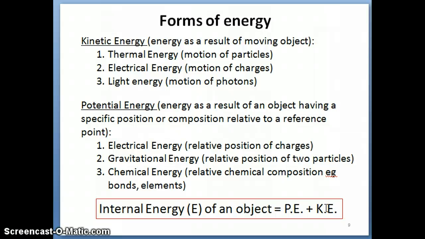You have kinetic energy while you're walking. But because you're walking at a particular height relative to the surface of the Earth, you also have potential energy. The sum of all of those potential and kinetic energies combined gives you your internal energy. So internal energy is just kind of total energy. It's the sum of all of the potential and kinetic energy that you have.